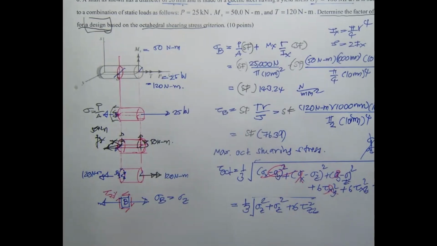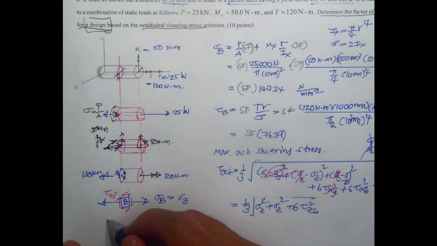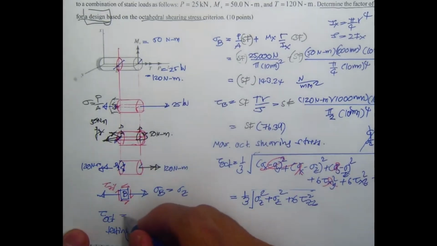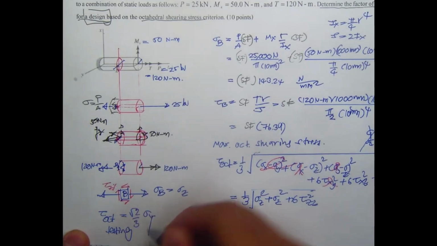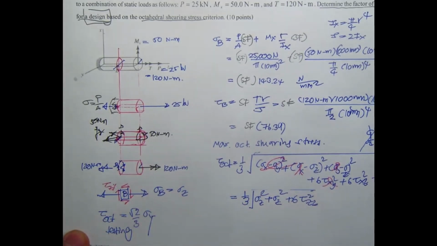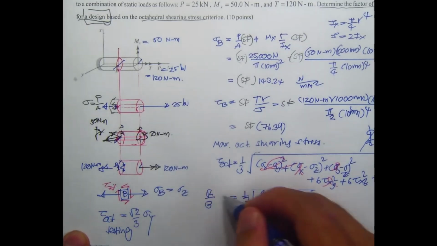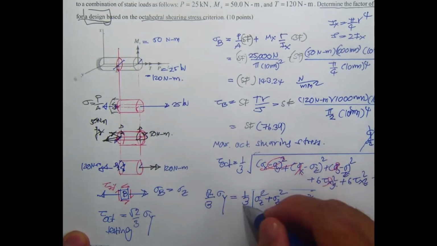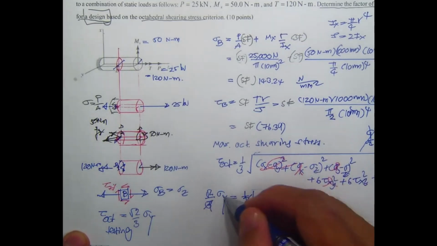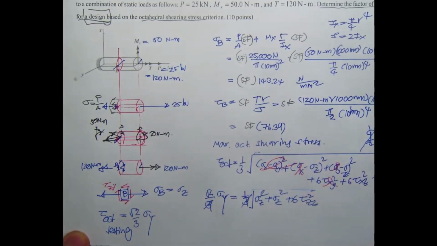And then, as you may know from our chapter 5, tau octahedral for the tensile test is equal to square root 2 over 3 sigma sub y. This is the yielding.